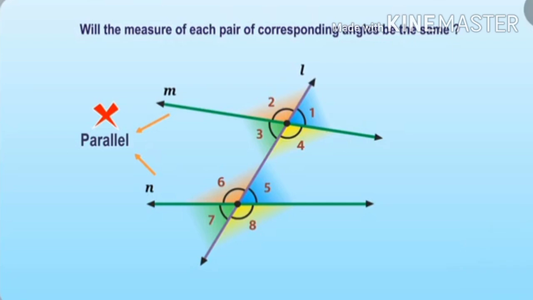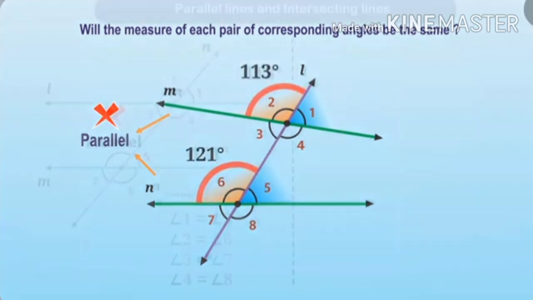Let's find out. If we make this angle on a trace paper and keep it on the corresponding angle, then we will find that they do not cover each other completely. If we find the measurement of any angle and its corresponding angle with the help of the protractor, then we will know that in this case the measurement of the corresponding angle is different.